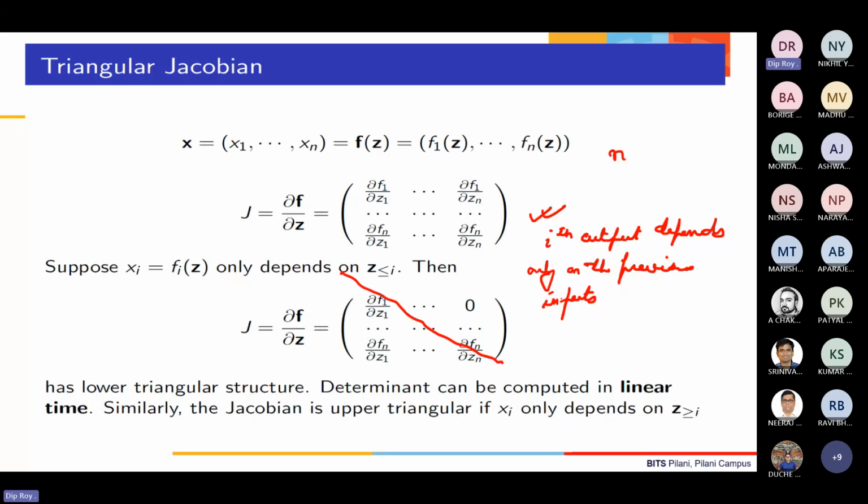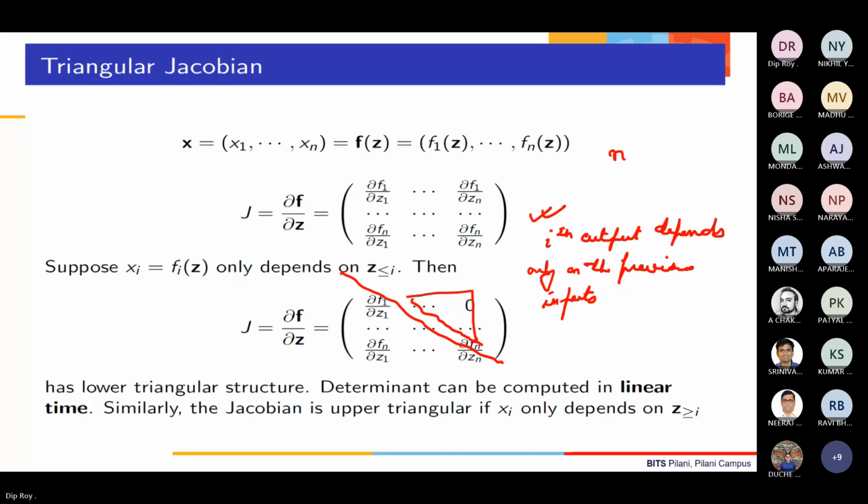Now, what has happened? You see that none of the entries above the diagonal depend on the later inputs, so they are all zero.